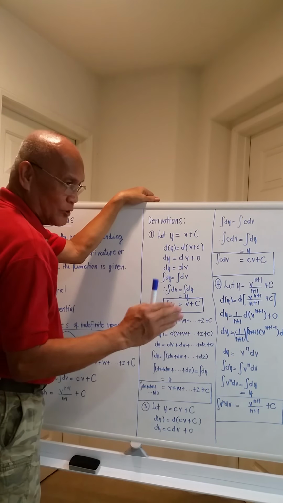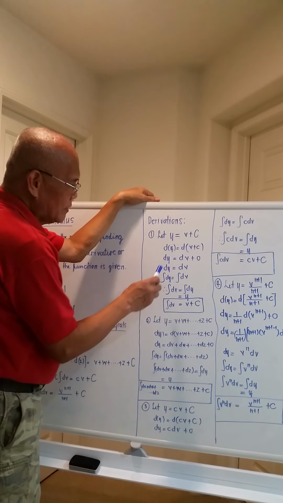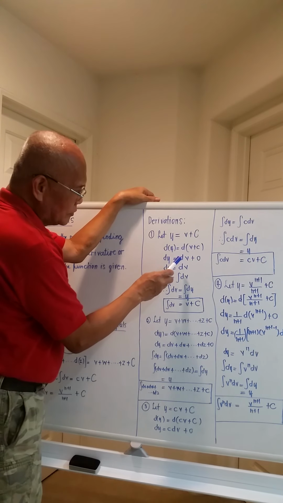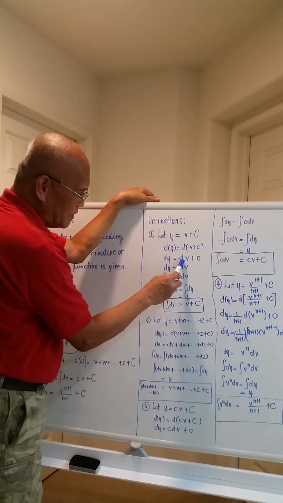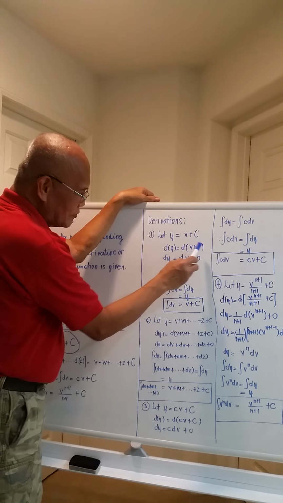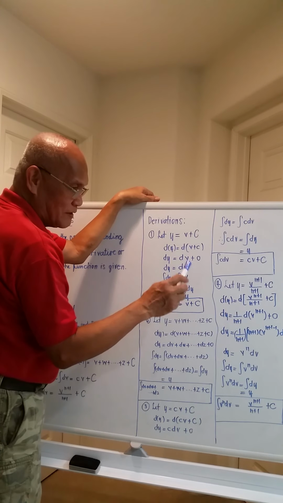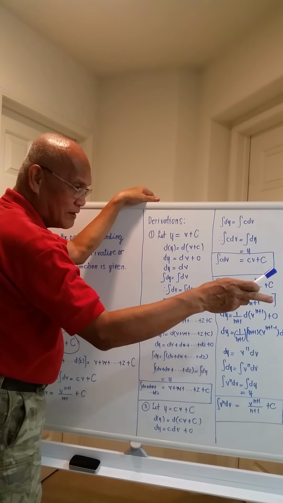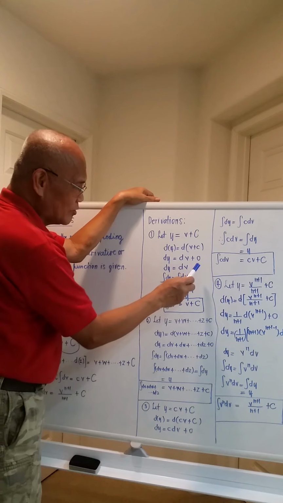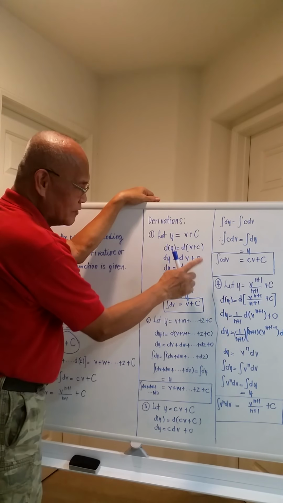Use your knowledge of differential calculus. So differential y now is equal to the differential of b, which is just dv, and the differential of c is 0. The derivative of any constant is 0.